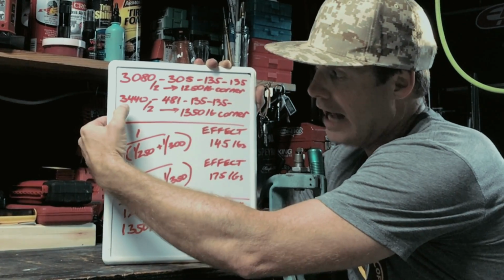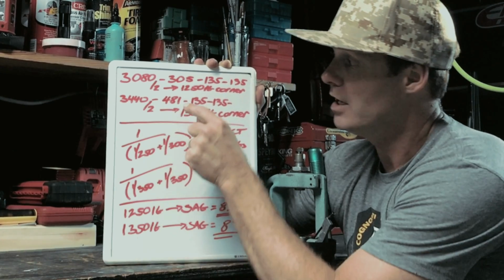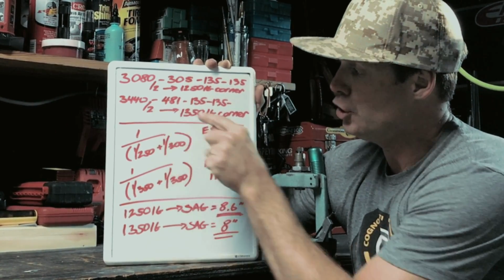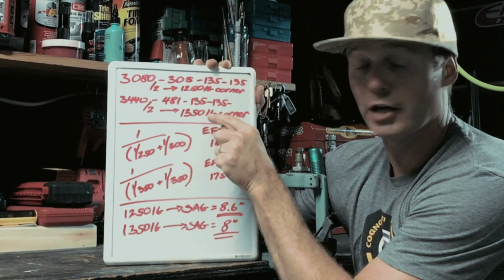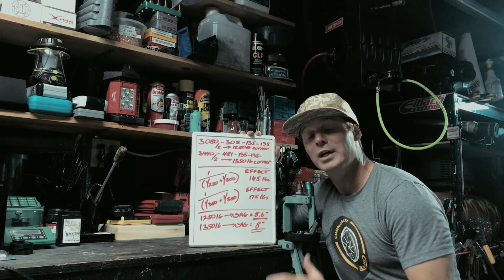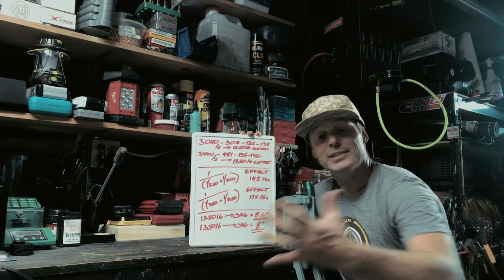In the rear, I had 3,440, minus the axle, minus the tires, divided by 2, got me down to 1,350.